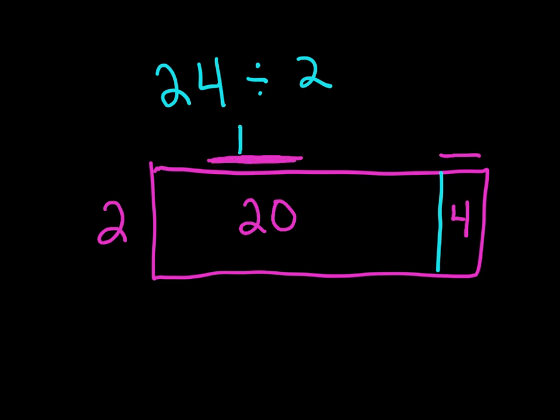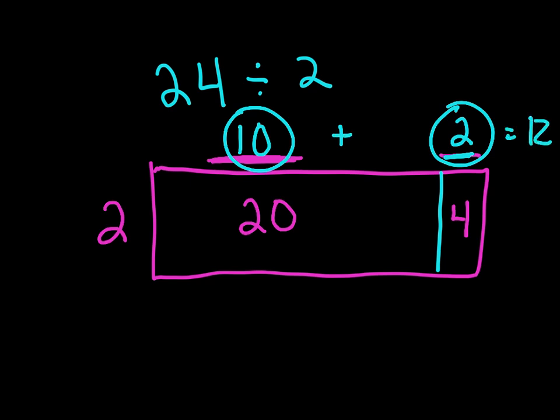Well, it gives us 10. 2 goes into 4. How many times? It goes in twice. So these right up here are our quotients, and we have to add up our quotients, and we're going to get 12. 12 is our quotient. All right, next one.